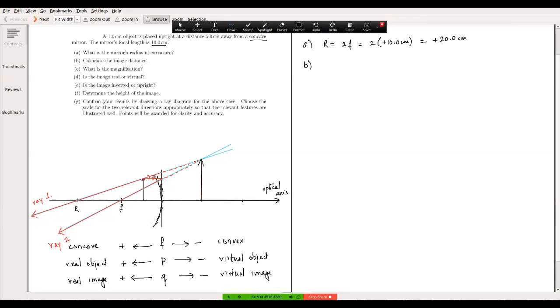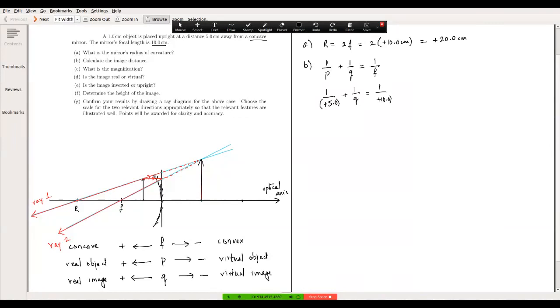Calculate the image distance. The formula is 1 over p plus 1 over q. The inverse of the object distance plus the inverse of the image distance should be equal to the inverse of the focal length. So 1 over the object distance is 1 over plus 5, since it is kept in front, plus 1 over q is equal to 1 over plus 10 centimeters.